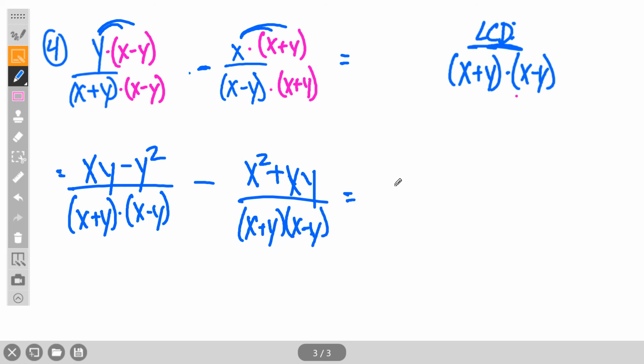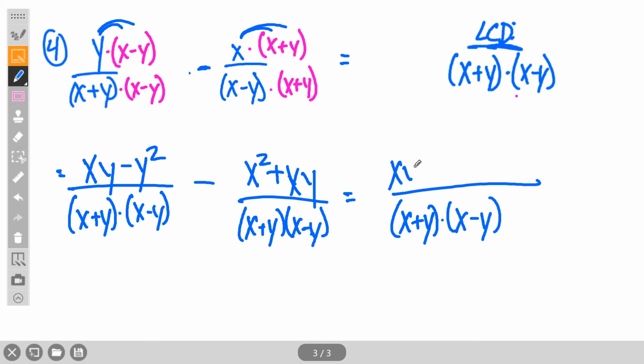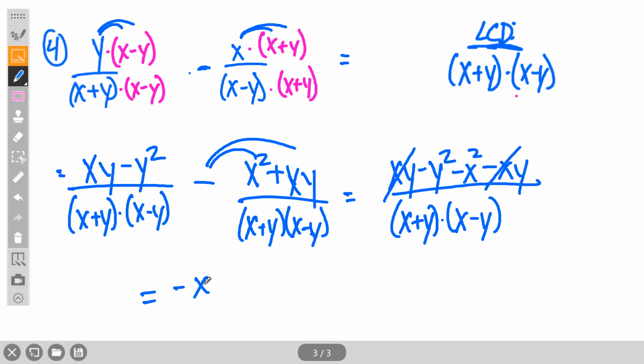Now they have the same denominator, so I can put them both over the same denominator. So I've got xy minus y squared, and both of these are subtracted, so minus x squared minus xy. Combine the like terms, the xy's cancel, so I have negative x squared minus y squared over x plus y, x minus y.